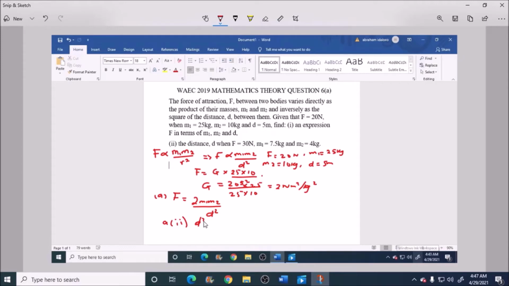So we have F d squared is equal to 2 m1 m2. Okay, d squared is equal to 2 m1 m2 over F.